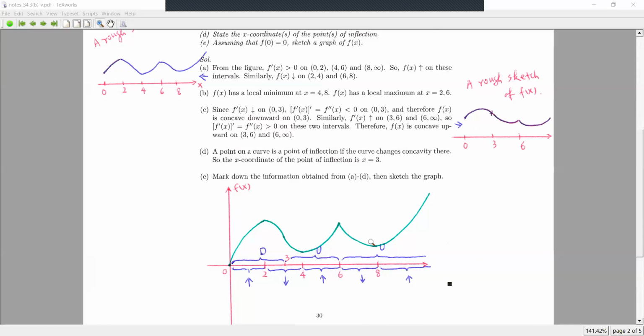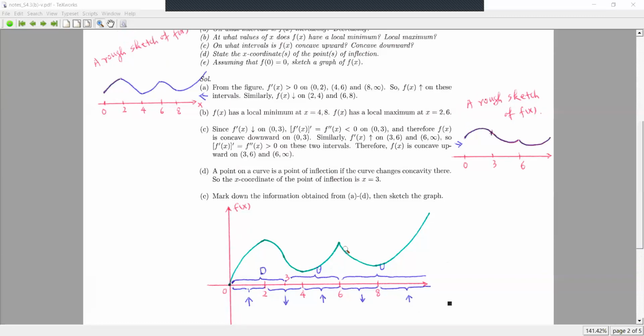And then 8 to infinity, increasing, concave up. The graph of f at 6 has a corner. So the derivative of f doesn't exist at 6.